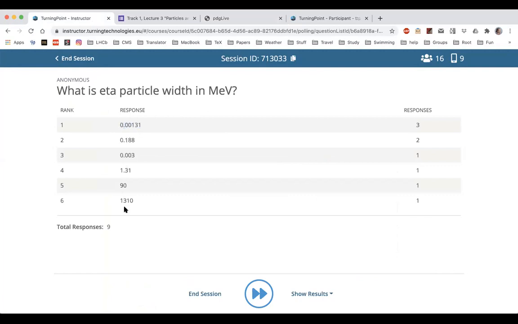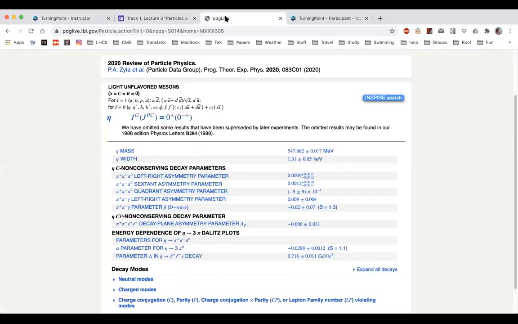Now we have some more answers. This one certainly is wrong, it is just in keV instead of MeV. This one is a wrong translation from keV to MeV. Then the others, I'm not sure where they come from.